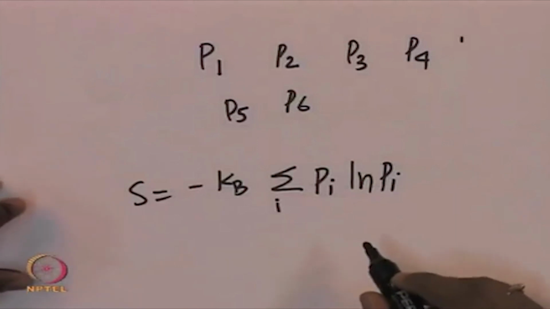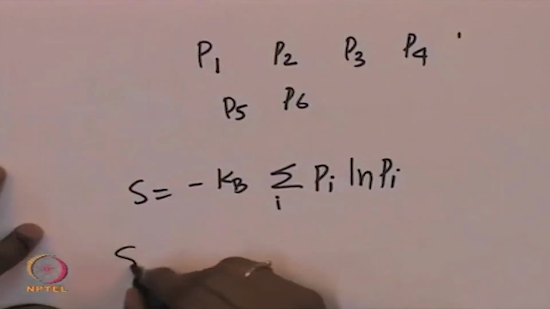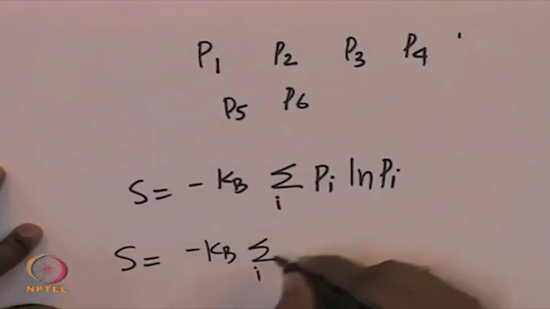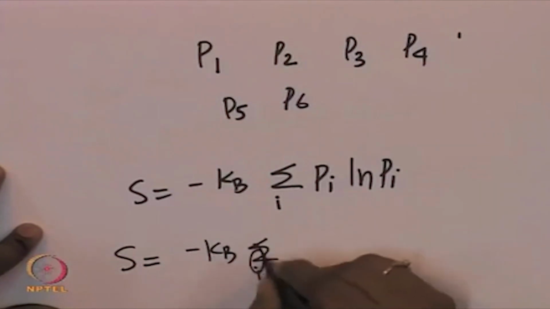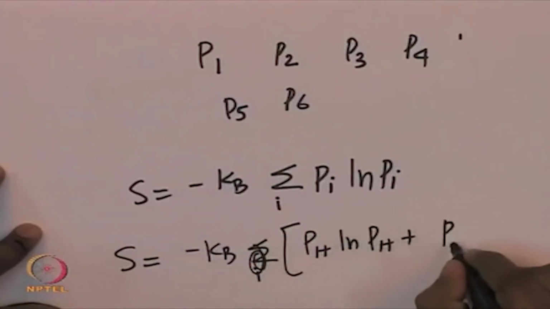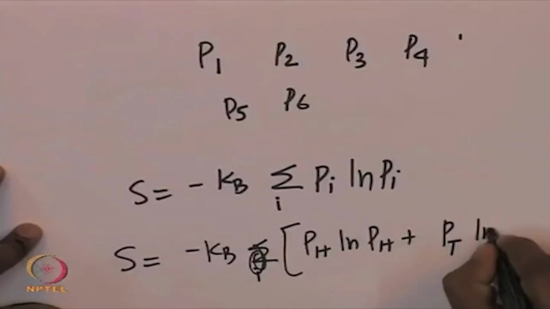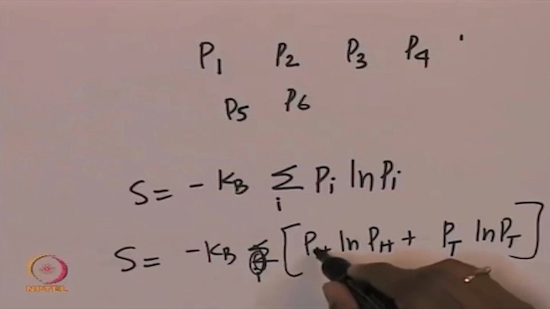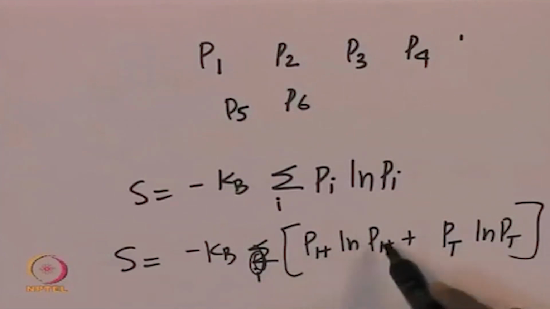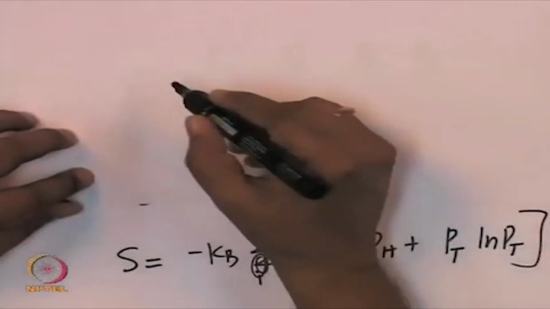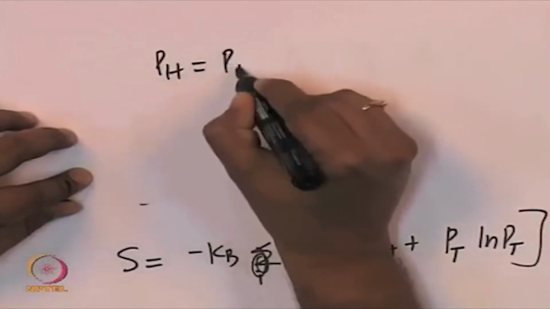For the case of a coin, the sum would mean probability of head log probability of head plus probability of tail log probability of tail. As an example, if pH and pT are equal, you take this formula and put pH equal to pT equal to half.